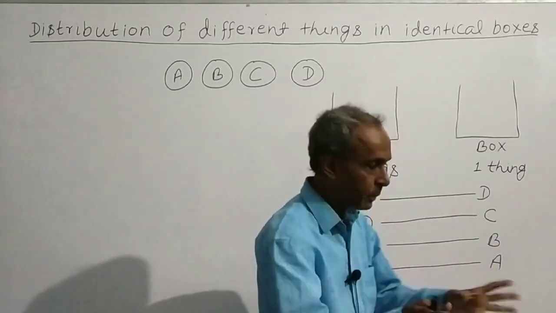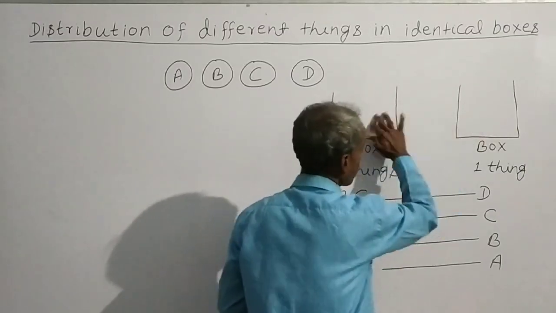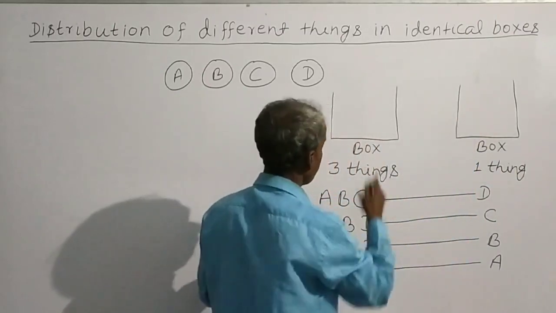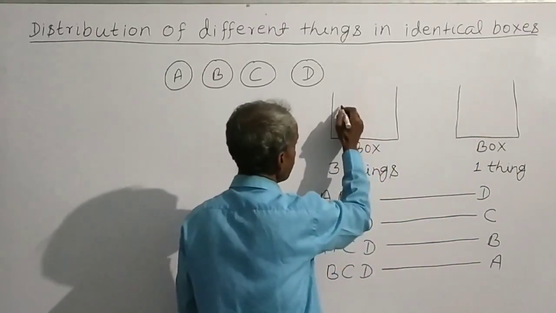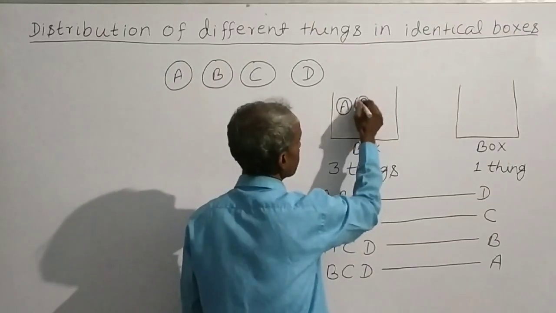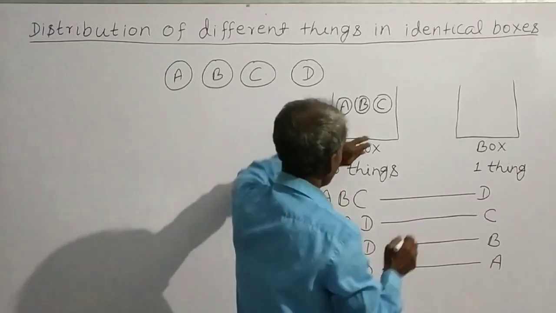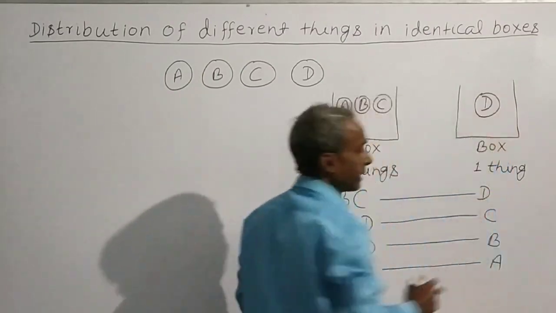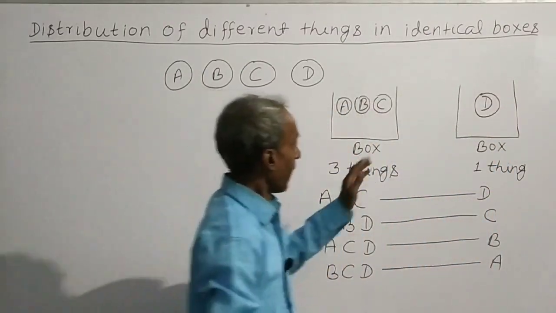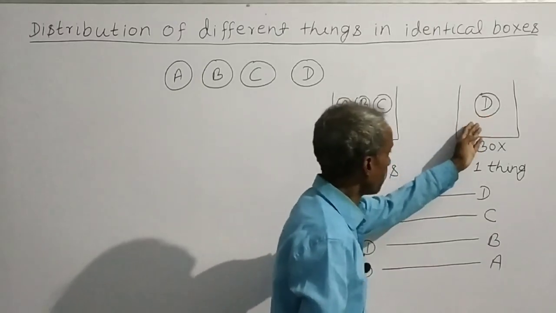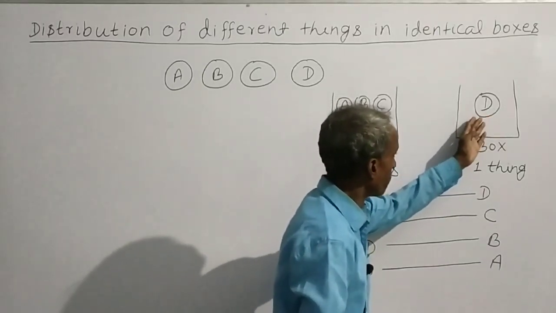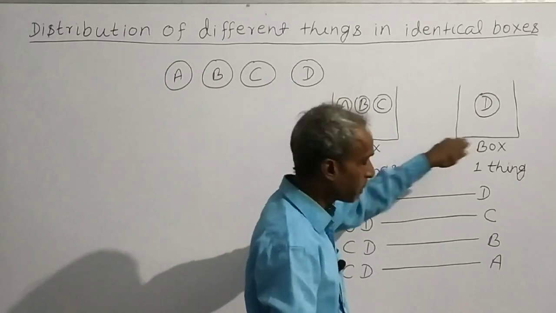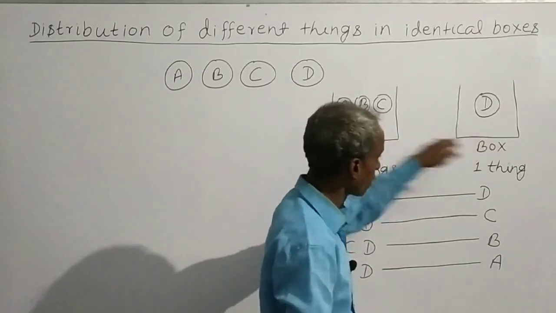It is also not permitted to arrange the boxes among themselves. If we put ABC inside this box and D inside this box, and then place this box here and this box there, that would be an arrangement of the 2 boxes among themselves.